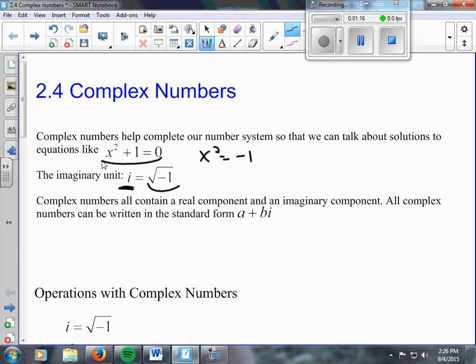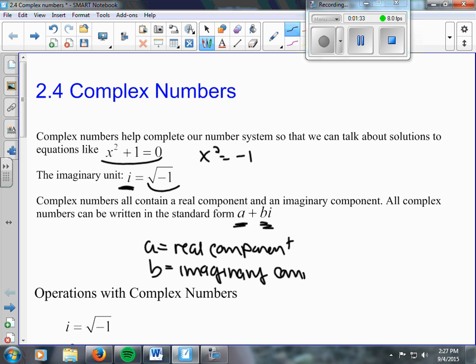Complex numbers written in standard form are written as a plus bi. a is your real component, and b is your imaginary component. When b equals 0, we have a real number.